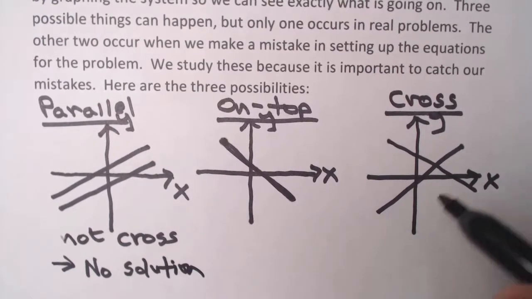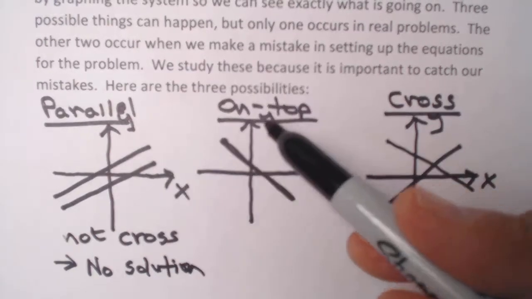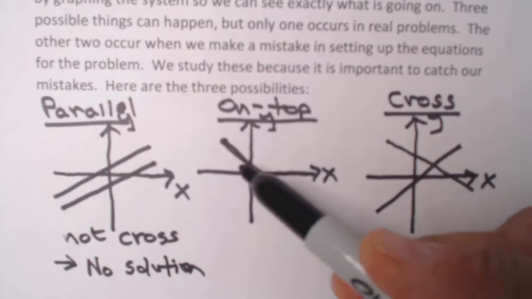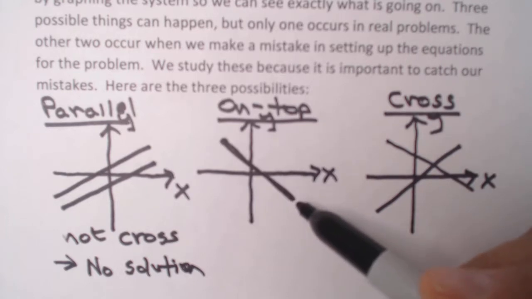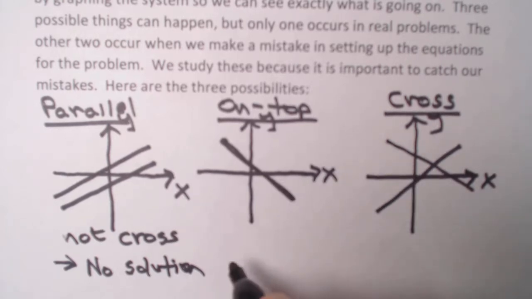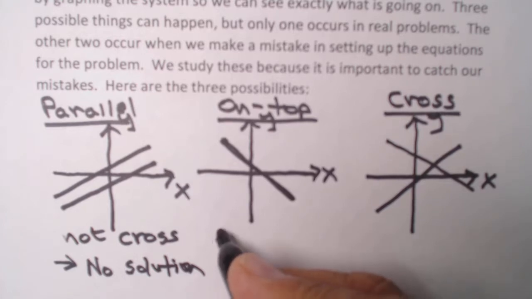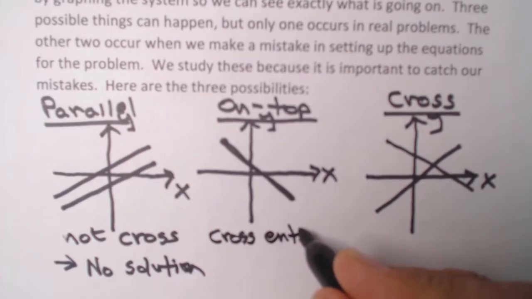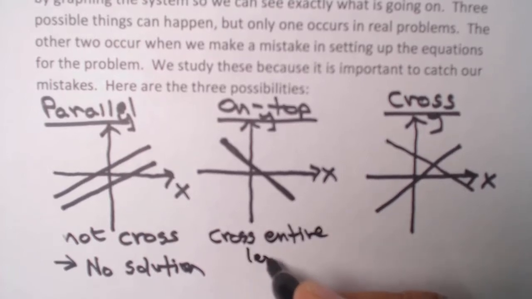Now, here's another thing that can happen. The two equations can be on top of each other. You plot the first one, here it is. You plot the second, and it's right on top. That means, of course, they're both the same equations. And what happens here, they cross their entire length. Okay.